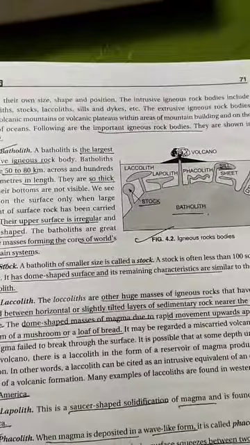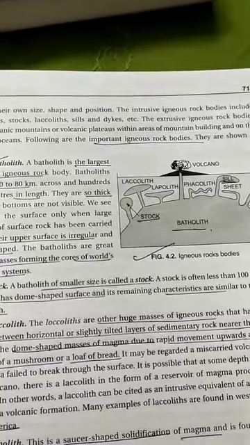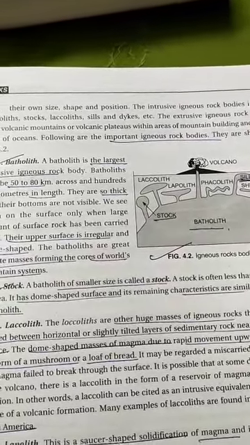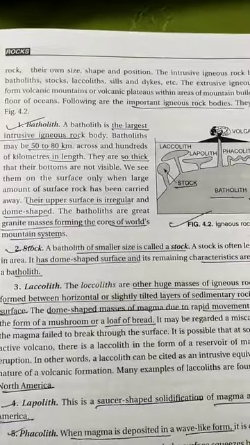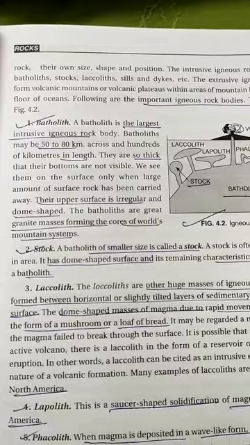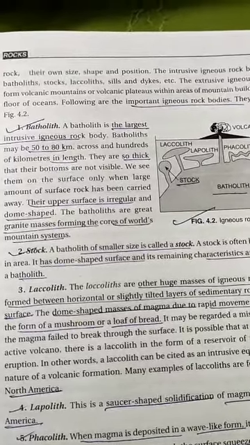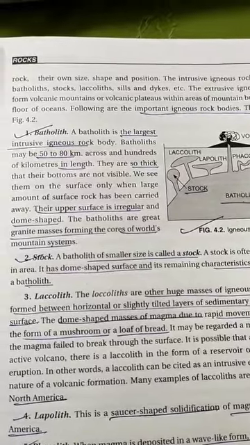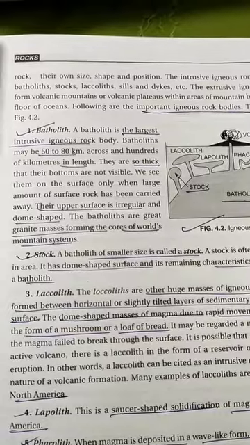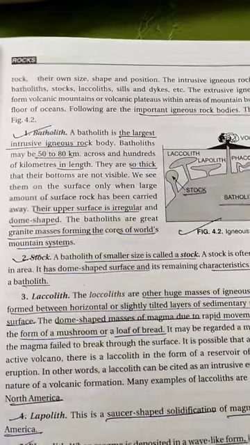They have mentioned the batholith, stock, laccolith, dike, sill and sheet, phacolith, lopolith. Batholith is the largest intrusive igneous rock body, maybe 50 to 80 kilometers in length. They are so thick that their bottoms are not visible. Their upper surface is irregular and dome-shaped. The batholiths are great granite masses forming the cores of the world's mountain systems.